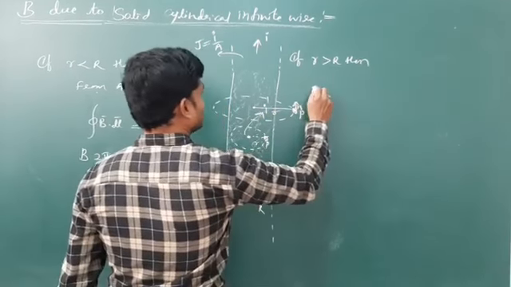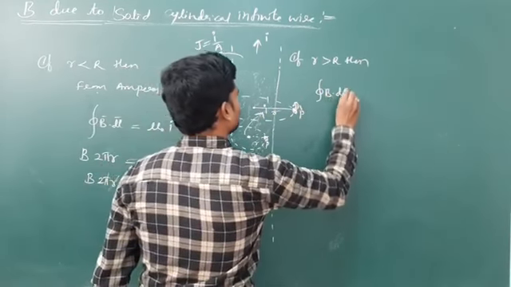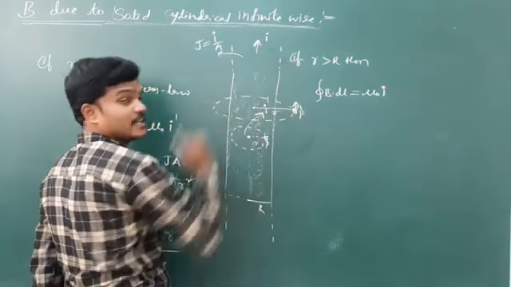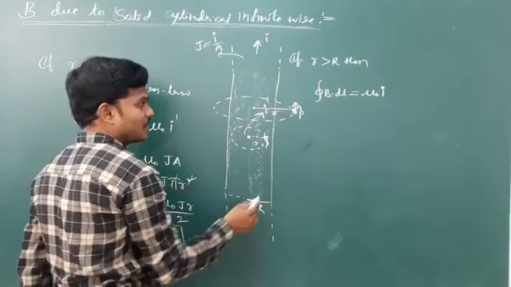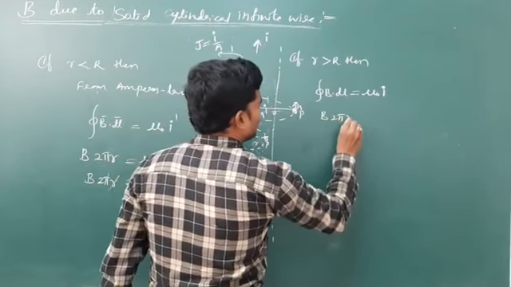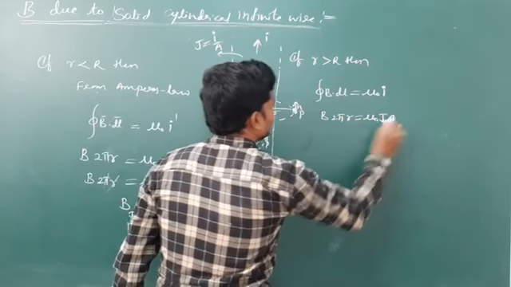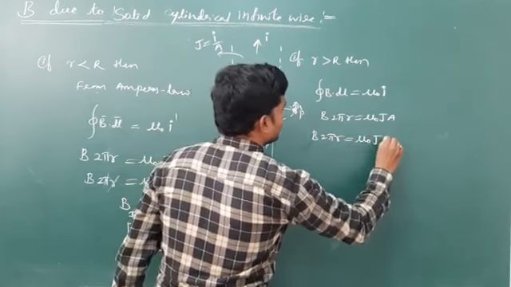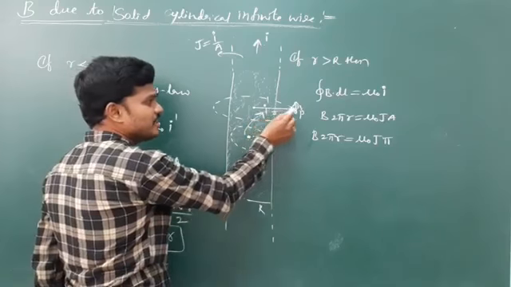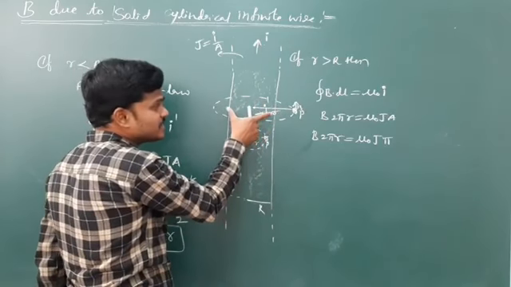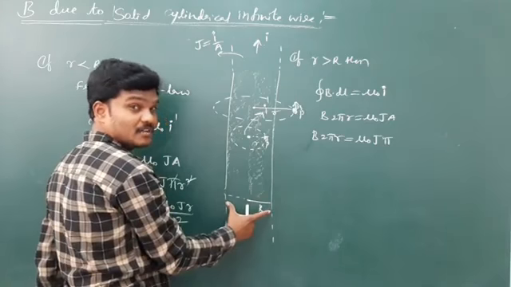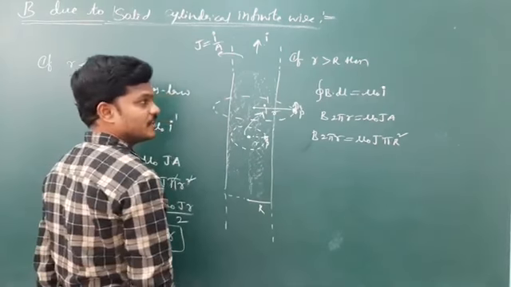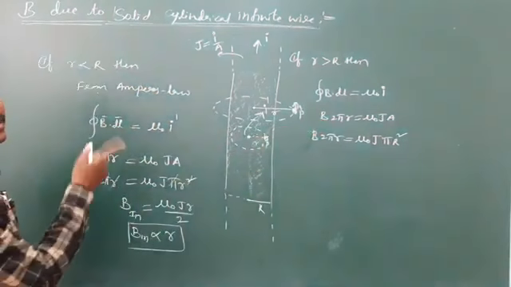If r is greater than R, then integration of B dot dl equals mu naught I, because this loop encloses only current I whose radius is R. So B into 2 pi r equals mu naught J A. Area enclosed by this region means current is there only in a radius of capital R, then pi capital R squared. Don't write small r squared. If you write small r squared, then there is no difference between inside and outside.